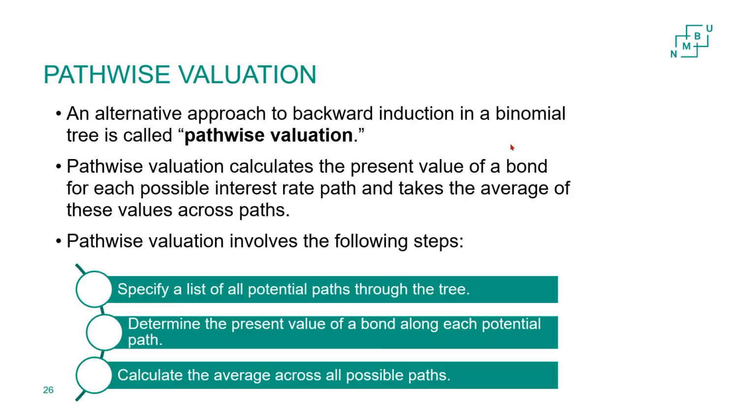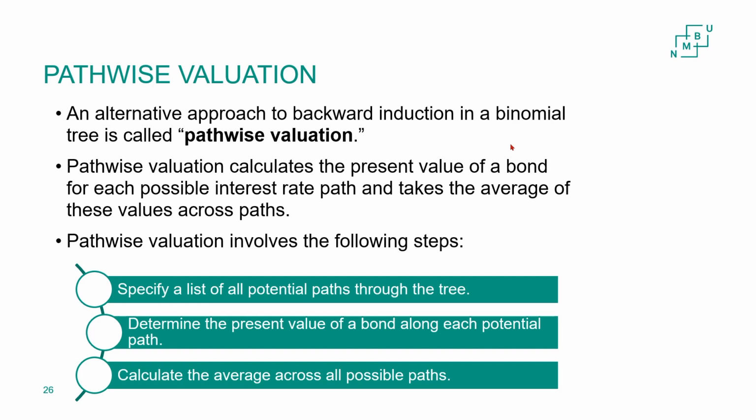We have seen that the interest rate tree contains a lot of paths, and you can think of the number of paths as the combinations of up and down moves, high and low rates.